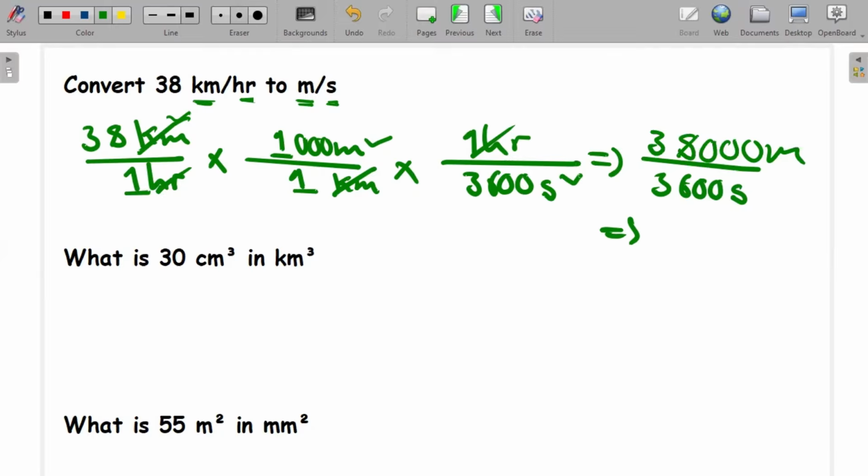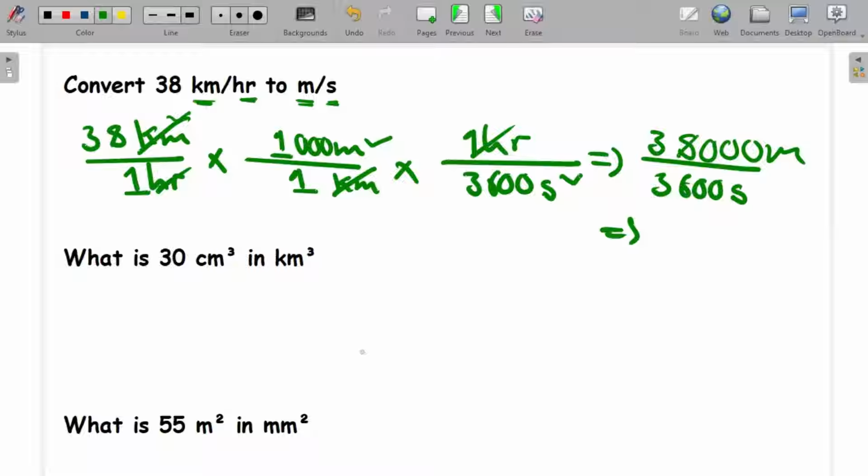It's 10.5 or 1.05. 10 point what? 5. 1.055. Anyone else who is getting this same answer? What answer are you getting? Anyone who is getting a different answer from her? 10.5, sir. Okay, so someone is getting 10.5.